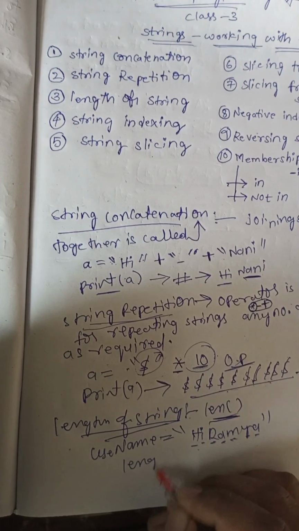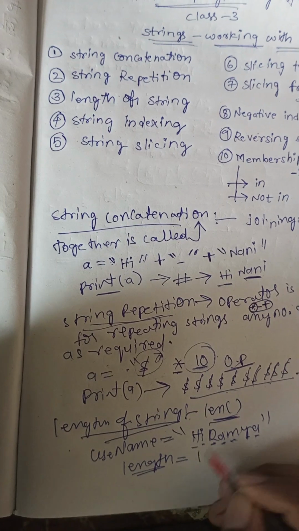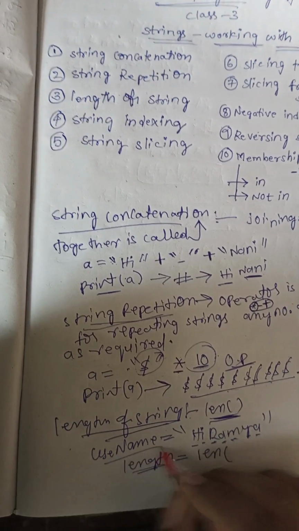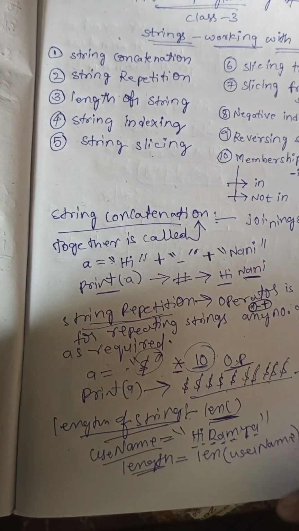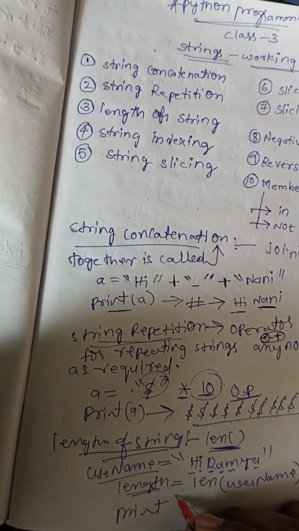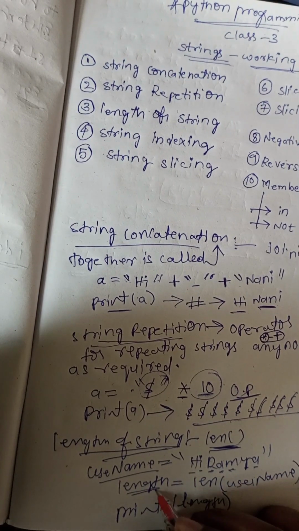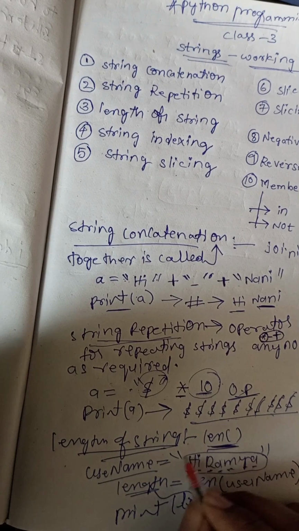So taking a variable as length, I am using this operator len, length of this username. Print length. This length I am printing here. What do we get? The length should be printed.